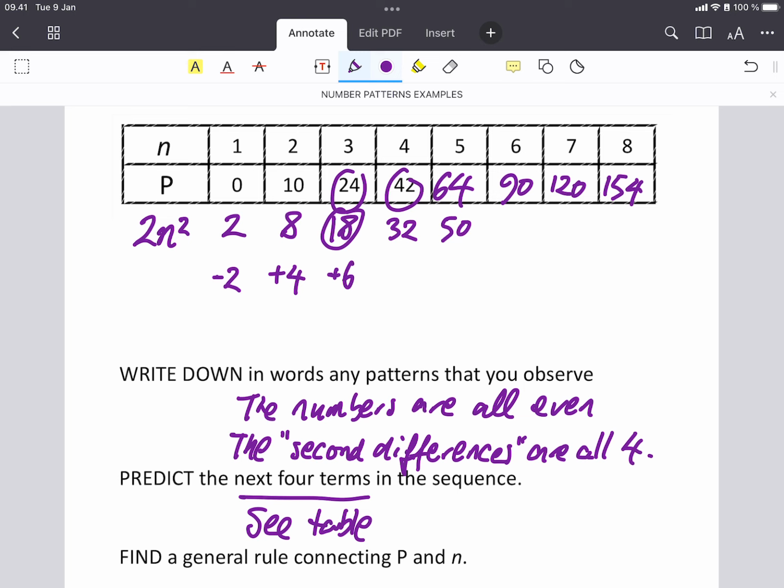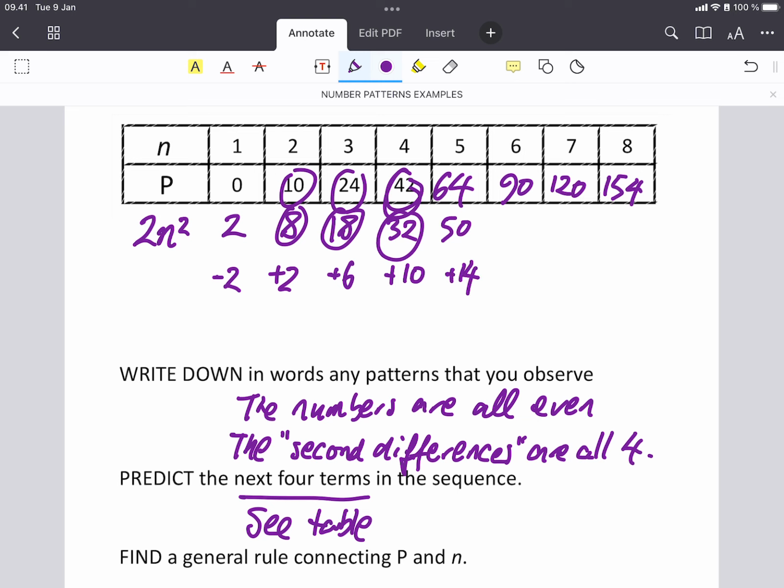Then we get a 32 when we want a 42, so we'd need to add 10 to that. I've just realized my mistake, that 8 plus 2 makes 10, so I'll just fix that. There we go. Then we get a 50 when we want a 64, so we'd have to add 14 to that.